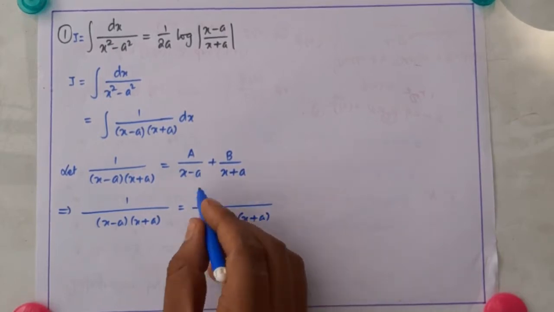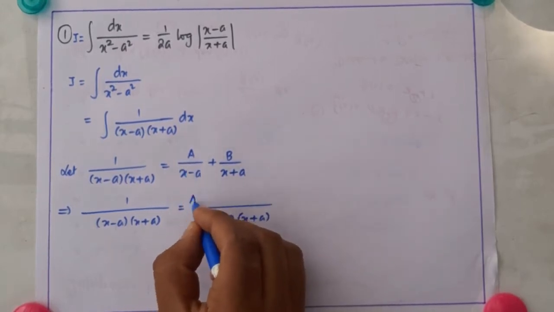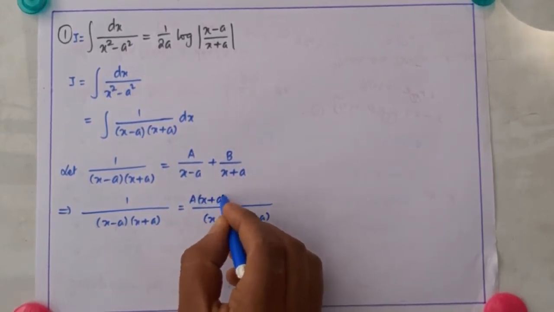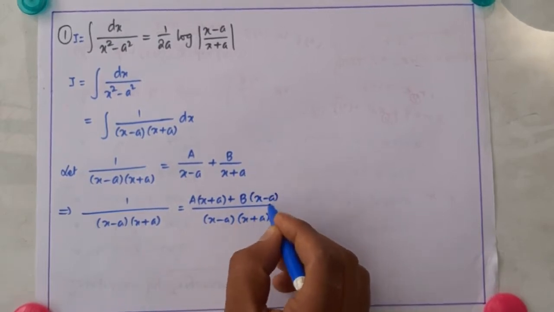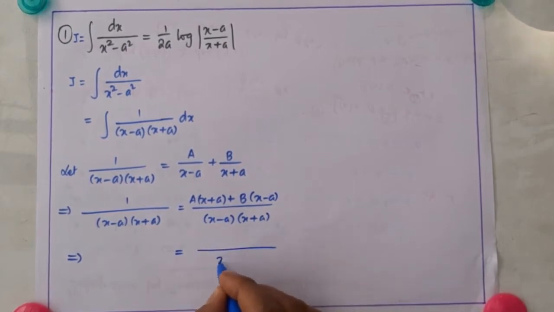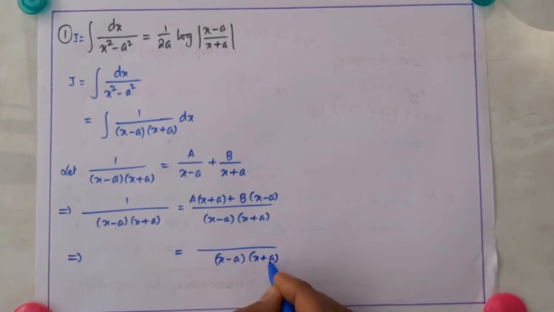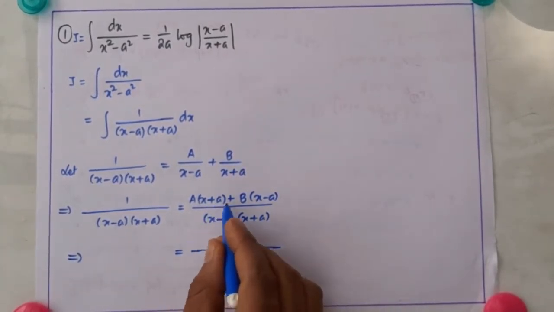Now simplify this. Divide this LCM by x minus a, you will get x plus a. So you get A into (x plus a), plus you have got B, you have to write here (x minus a). Now open up the bracket. Let's separate the x terms and the constant term.